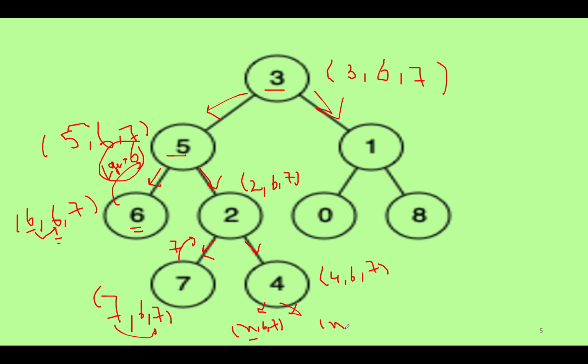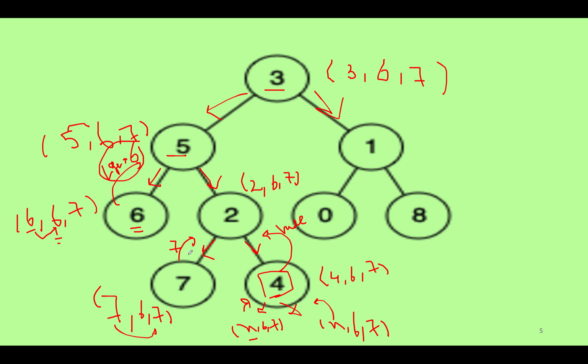Similarly, we'll pass null, 6, 7 again. We'll abort the process, and null will be returned from these two nodes. So from here null will be returned. Since the value that is returned here is null, again null will go back upstairs. So from the right of 2 you get null, and from the left of 2 you get 7.